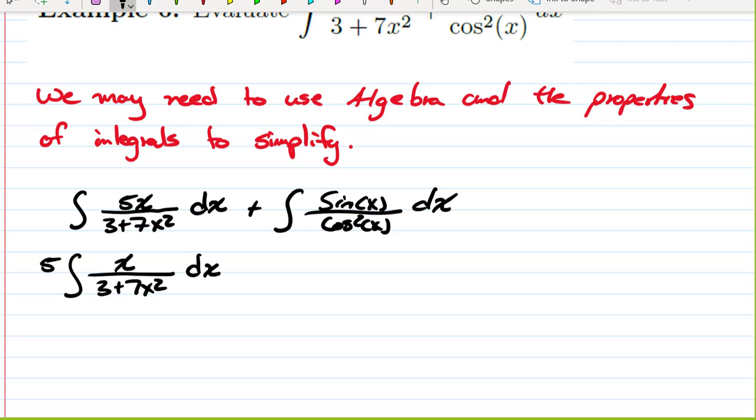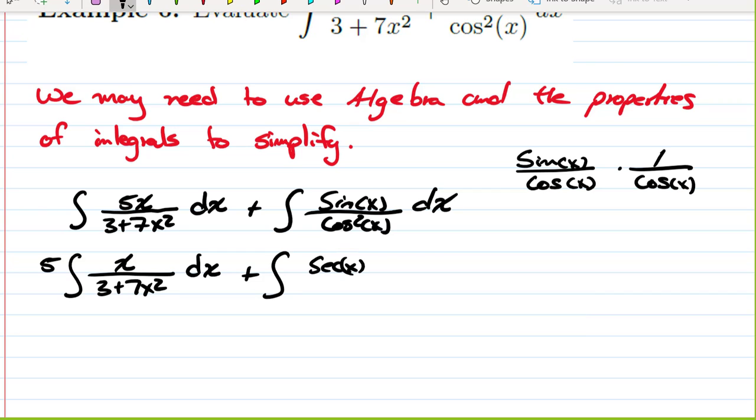Here I have sine divided by cosine squared, which I could write as sine x over cosine x times 1 over cosine x. Sine over cosine gives us a tangent, and 1 over cosine gives us secant. So that's going to give us a secant x tangent x dx.